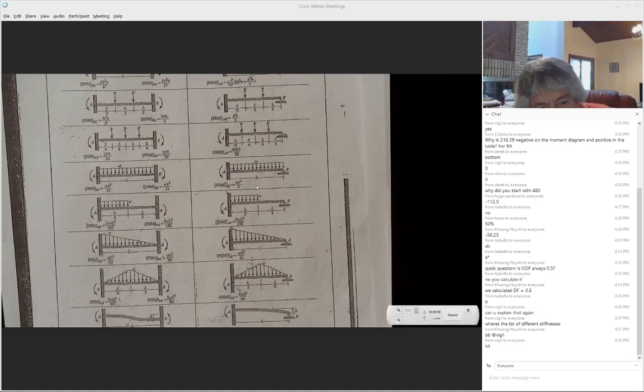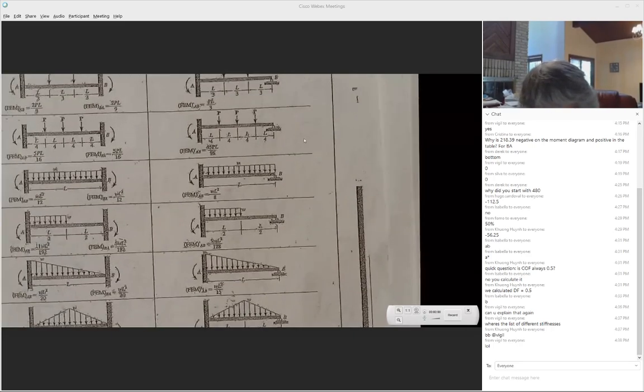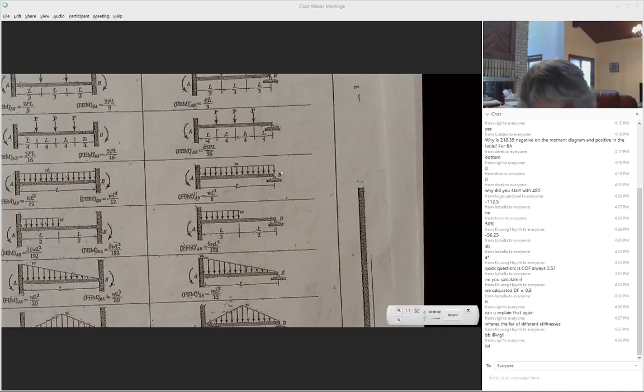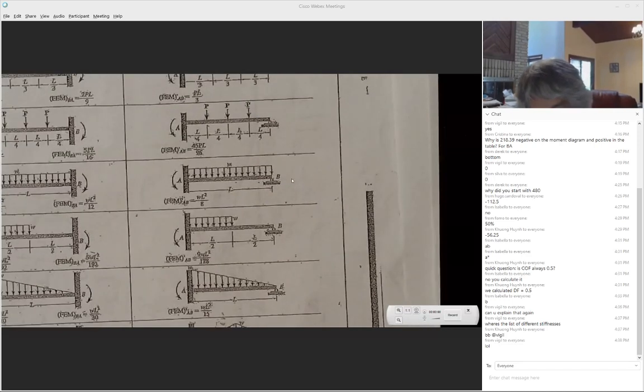The moment is W correct. But my support, in my case, this wall comes to here, this roller comes to here. So the moment in here is kind of clockwise. If I move the wall to here and the roller to there, what is going to be the direction of the moment in here?